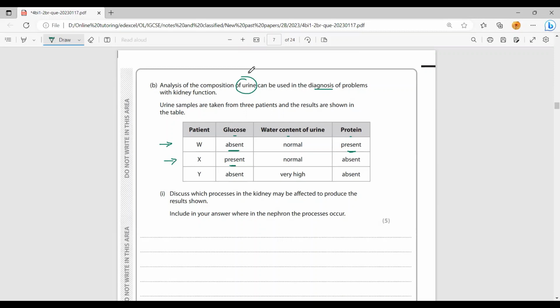Less permeable, of course, because in spite of the presence of ADH, the water content in urine is very high. That's why, and this is because the collecting ducts are where the effect is. It is the part that is affected. Okay. So the water is not reabsorbed back to the blood.